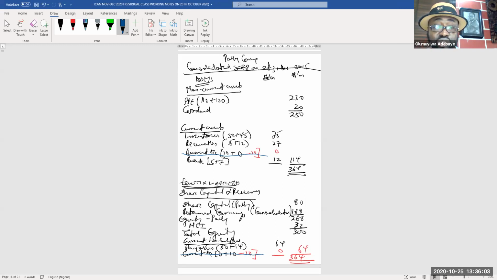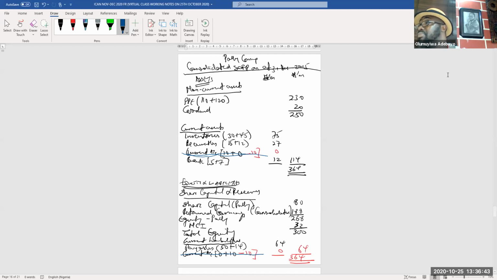Now, what you need to know is that if it is not separated like this, if it's included in receivable, it will have been 25 plus 12 minus 10. Similarly, if it's included in payable, it will have been 50 plus 24 minus 10. You still get the same thing, which means intercompany balance elimination requires you to identify the common factor sitting as asset in one party's leg and as liability in the other party's leg. And what do you do? You eliminate.